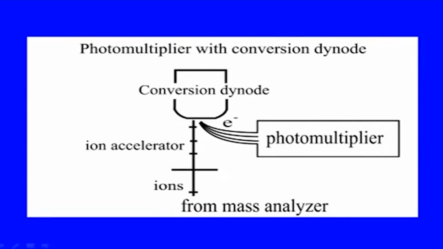So, here a photomultiplier with conversion diodes is there, and the phosphorus screen is utilized, and the signal is collected.